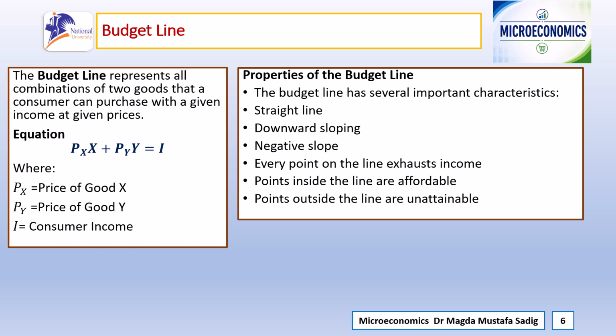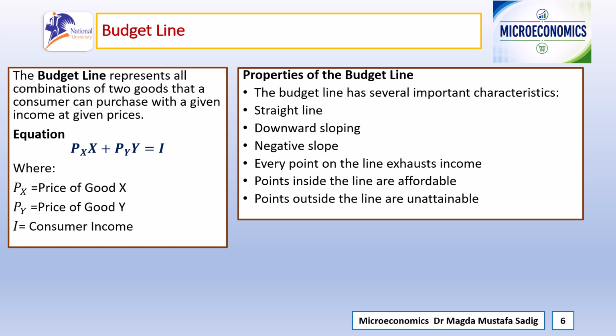The properties of the budget line. The budget line has several important characteristics. First, it is a straight line because prices are assumed to remain constant. Second, it slopes downward from left to right. Third, it has a negative slope, meaning that buying more of one good requires buying less of the other.